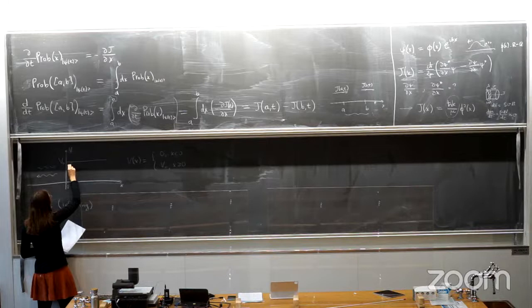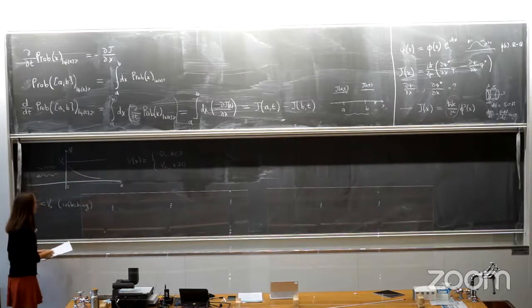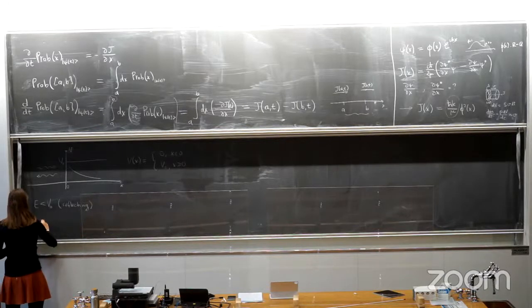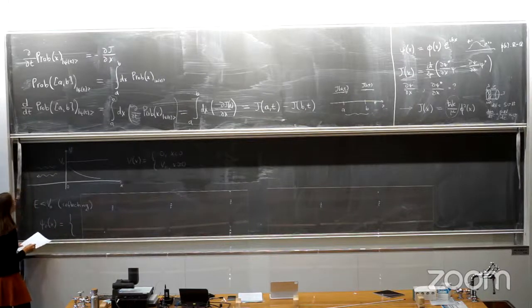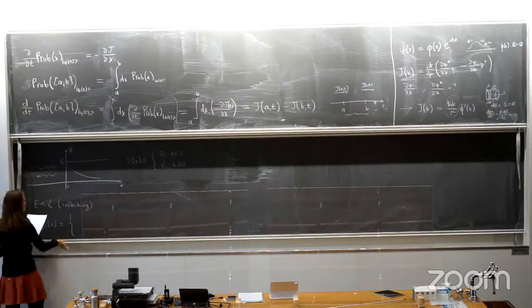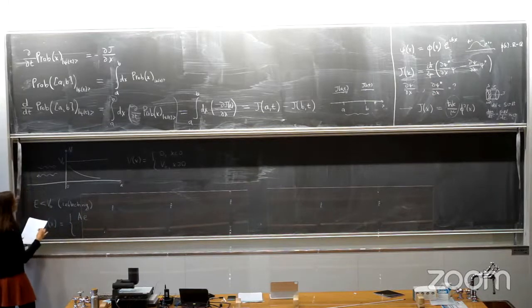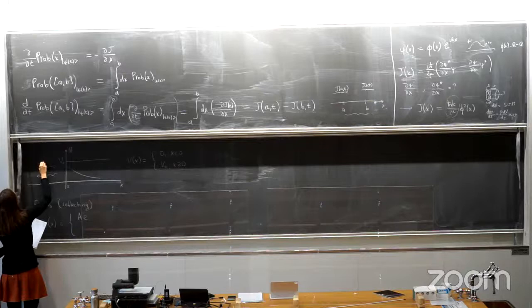So here, the solution would be just the exponential decay. These are reflecting states, and for these states we can write the solution the following way. For x below 0, before the step potential, this is just a combination of the incident and reflected waves.